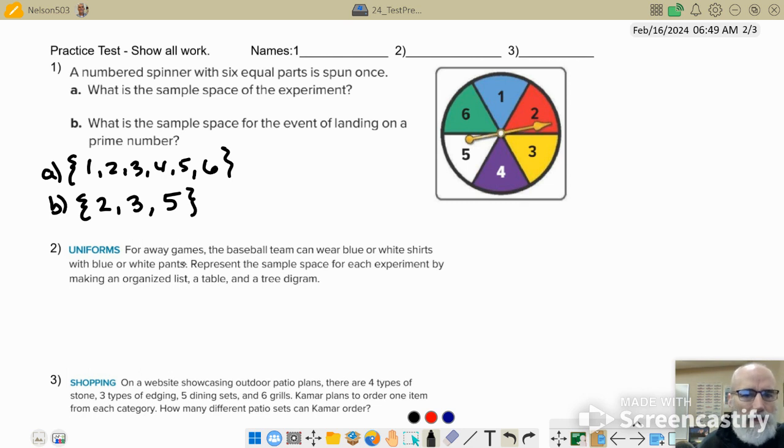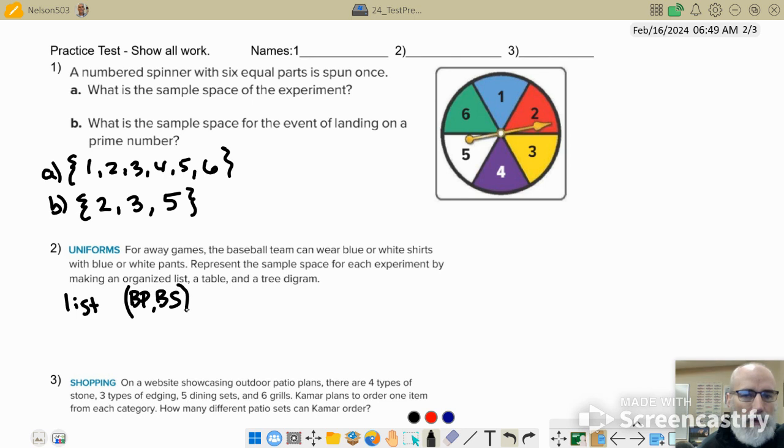For an away game, a baseball team can wear blue or white shirts and blue or white pants. And it says represent the sample space 3 different ways. An organized list. Okay, so a list would have commas in between them. So like blue pants, blue shirts, right? I'm just wondering how I can show these are together.